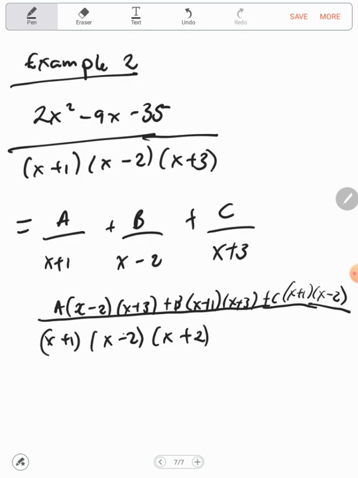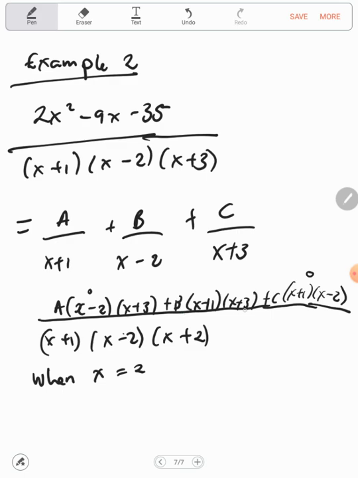Okay. So now we're going to let x minus 2 equal to 0. That means x will be 2. So when x is equal to 2, this will be 0, this will also be 0.